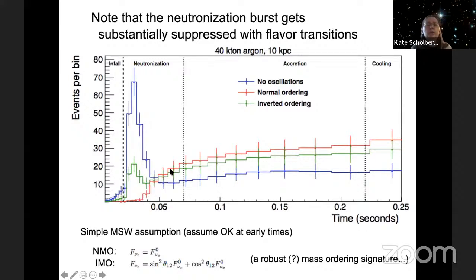And so this will be really important information on neutrino mass ordering. I put a question mark here since it depends on the model a bit, how well or how clear the signature is. And that's something we're studying now, but there's clearly information in that flavor composition as a function of time.